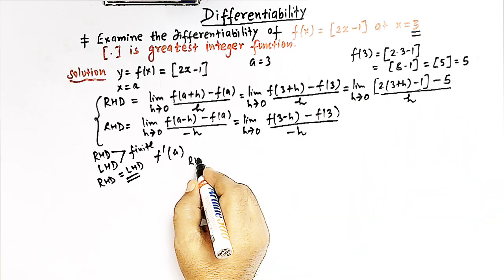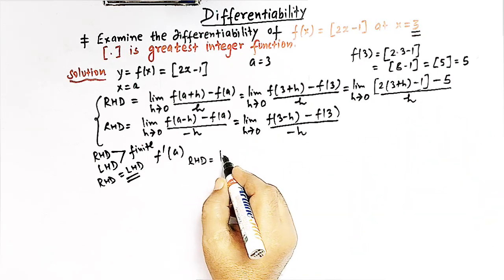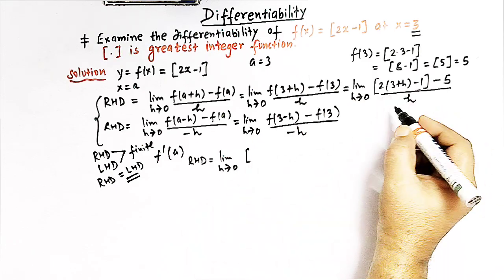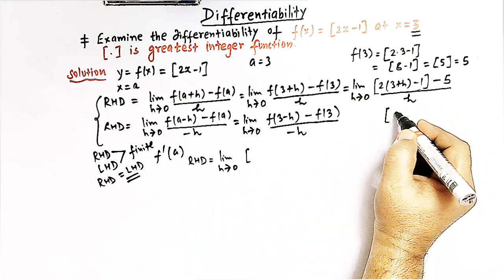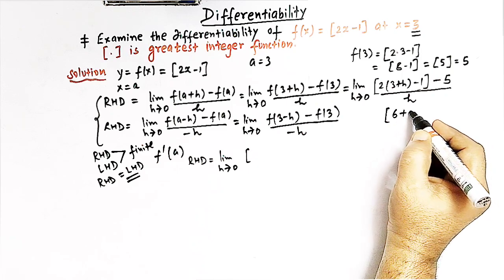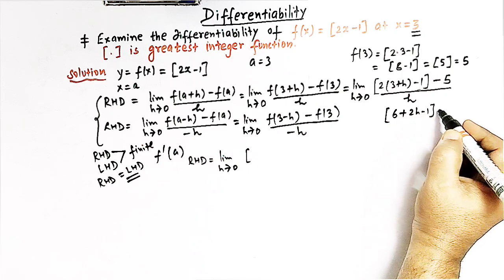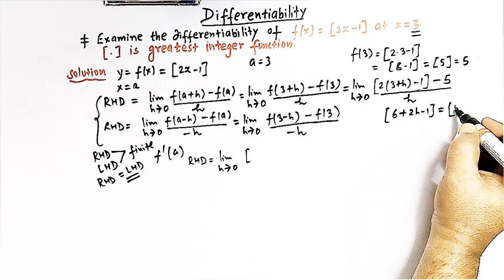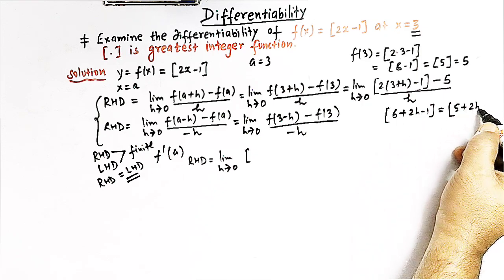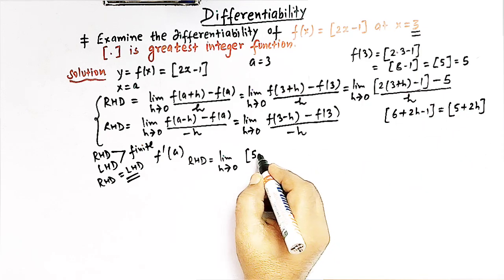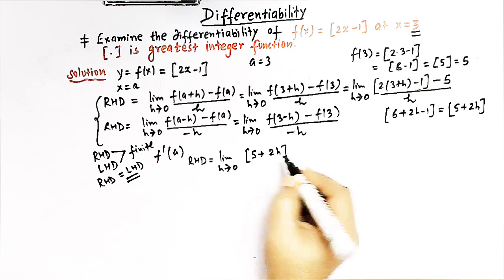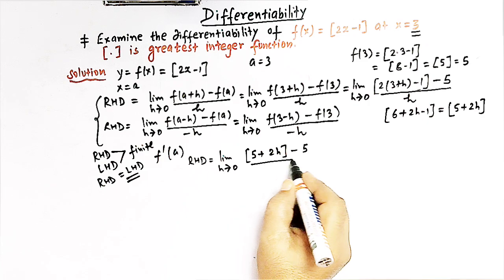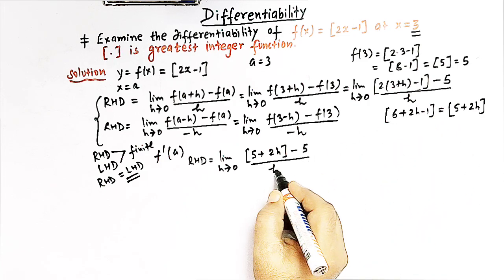So now the right hand derivative is equal to limit h tends to 0 of greatest integer of 6 plus 2h minus 1, that is, 6 minus 1 is 5, so we have greatest integer of 5 plus 2h, minus 5, divided by h.